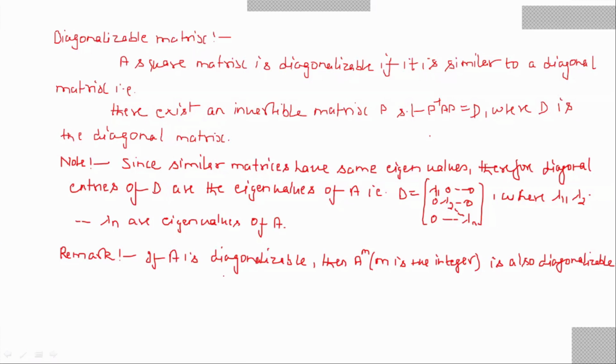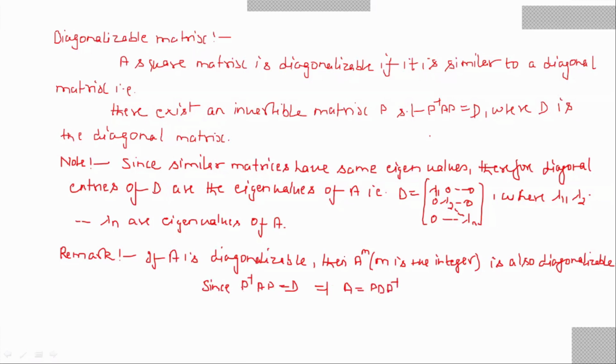If A is diagonalizable, it means there exists an invertible matrix P such that P inverse AP is equal to a D matrix. Got it? If you pre-multiply with P and post-multiply with P inverse, then you will get A is equal to P D P inverse.